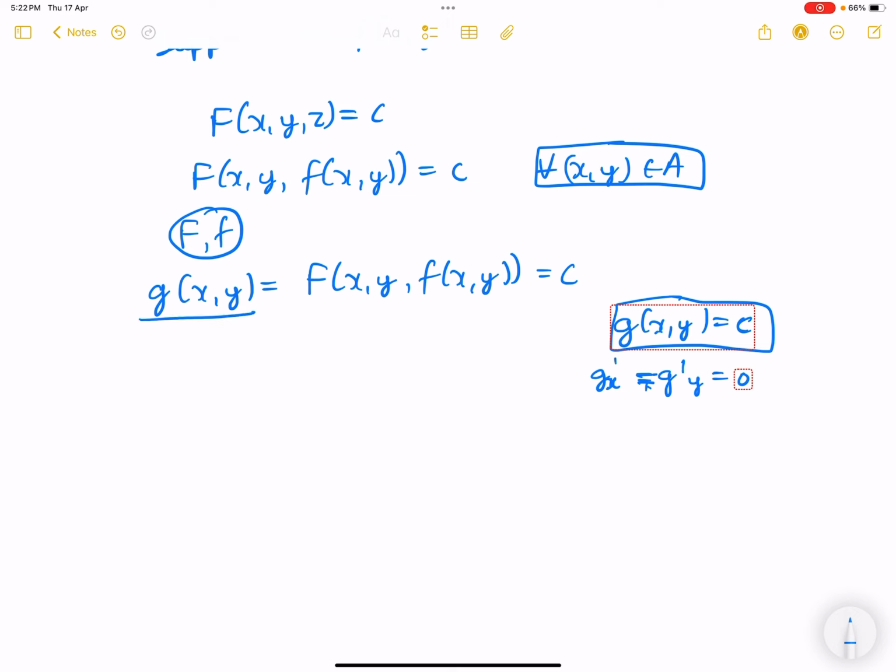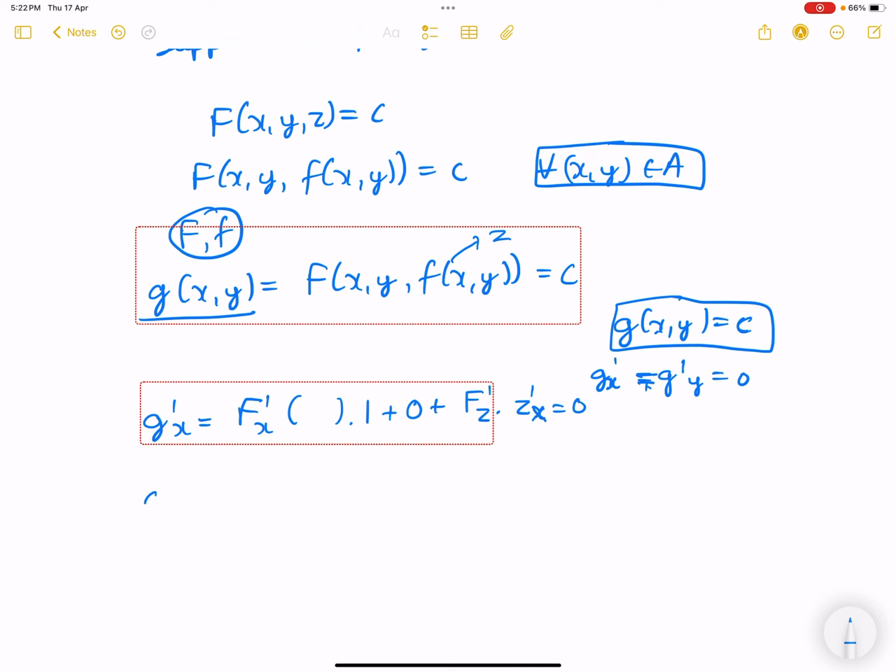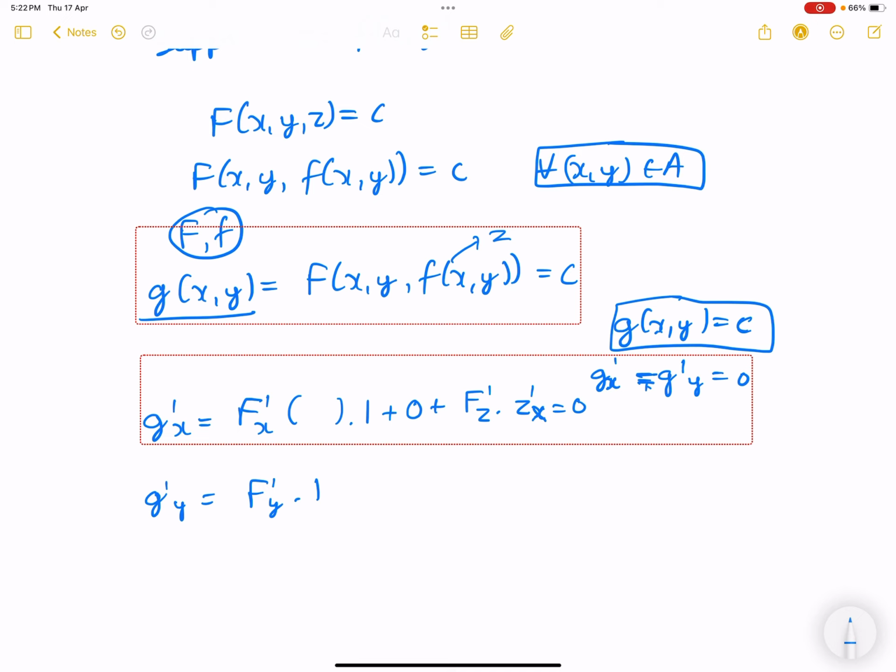Now if we find g'x using the chain rule, g'x is f'x into 1 plus f'y into 0, since y is not dependent on x, plus f'z, so this was z only, but z is still a function of x, so z'x equals 0. g'y is f'y into 1 plus f'z into z'y equals 0.